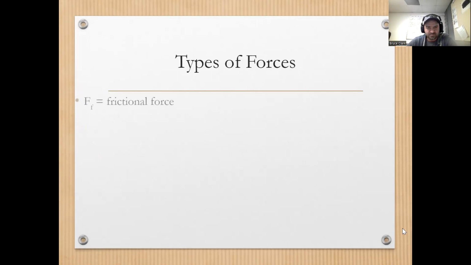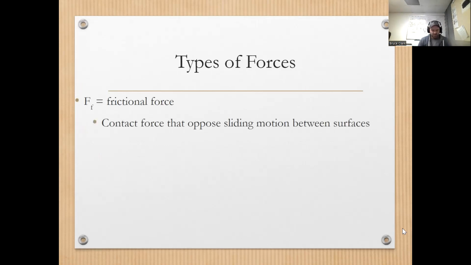Types of forces. This is what you're going to want to write down. These are the ones we're going to be using for our assignment and, quite frankly, the whole unit. We are going to symbolize them all with a capital F, meaning it's a force, and then a lowercase f indicating what kind of force it is.